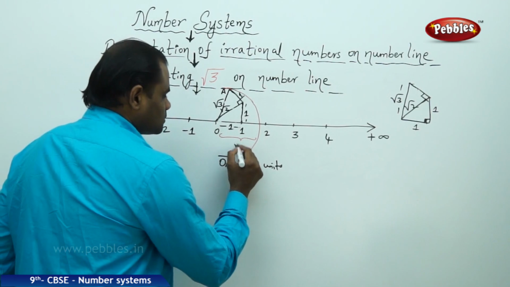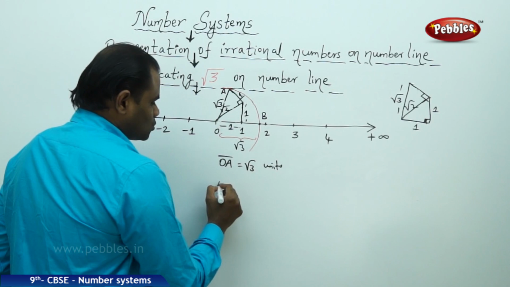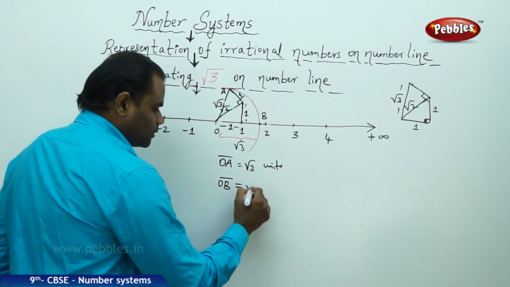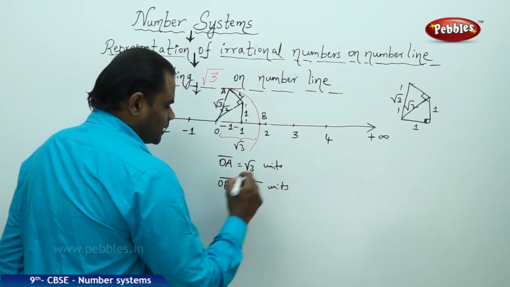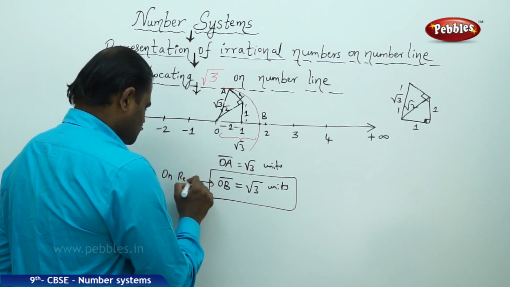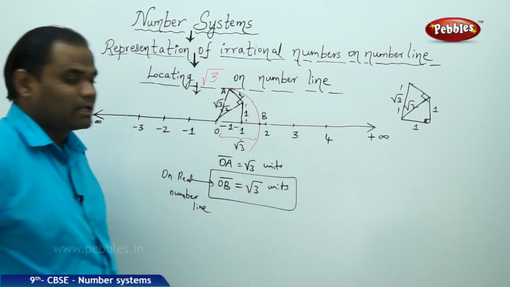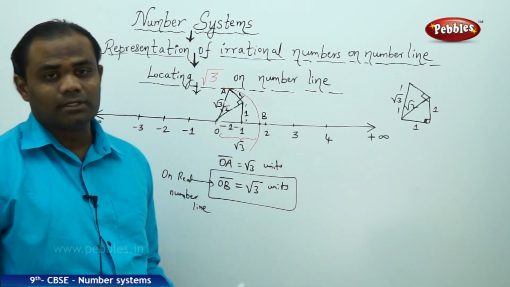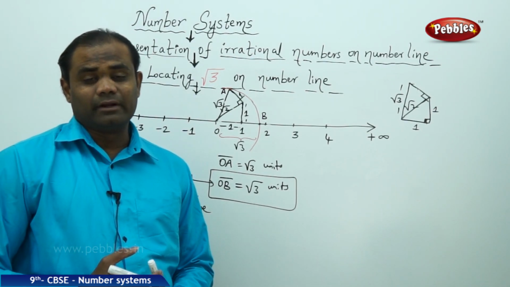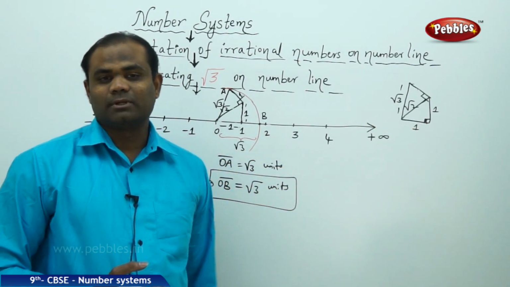So this distance is root 3 units, which cuts, say, at the point B. So my OB on the number line is root 3 units, which I construct on the number line. This is how I locate irrational numbers through geometrical processes on the number line.